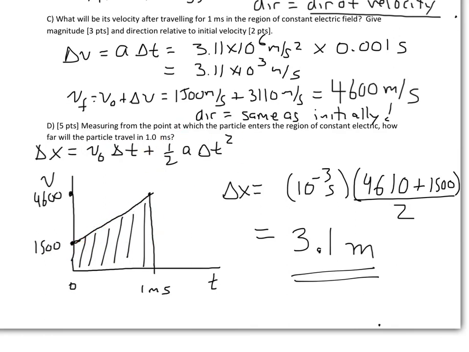If you think about it, the area of a triangle is 1/2 the base times the height. Well, what's the base? The base would be delta t. There's a 1/2 in front. 1/2 base times height. And what about the height? The height is the change in velocity from 1,500 to that.